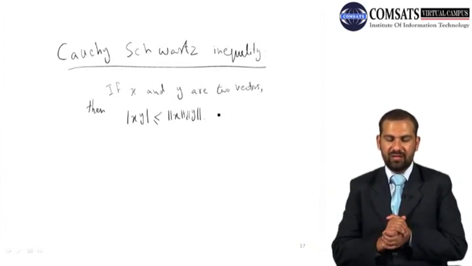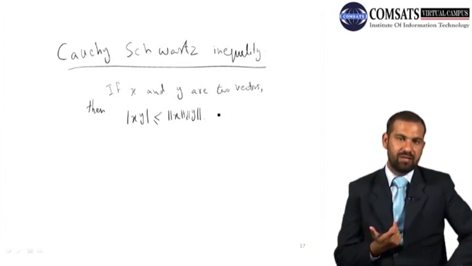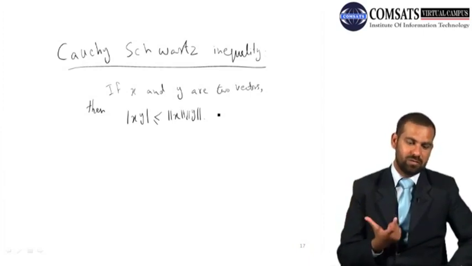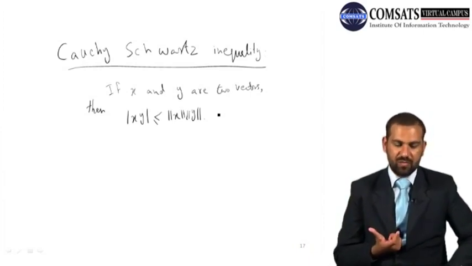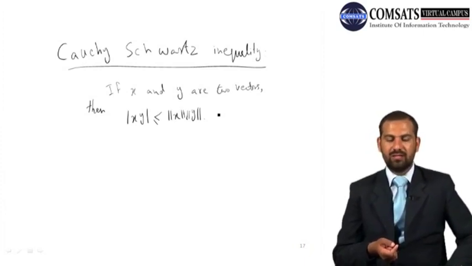Whenever you do this you get some real value, and whenever you have a real value, the norm changes into the form of mod. So the mod of xy is less than or equal to the norm of x and the norm of y.